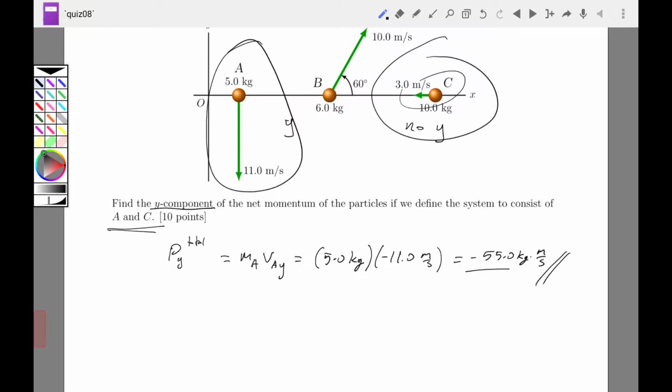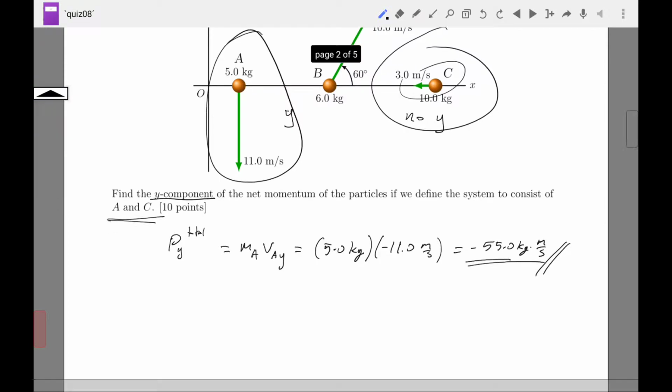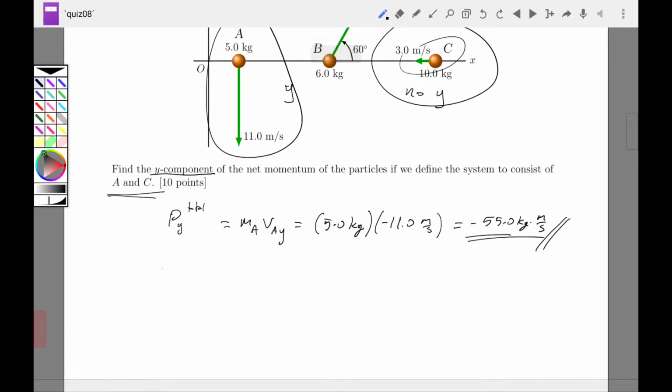And that negative sign is important because P, the momentum, is actually a vector, so I need to know the right direction. Just out of curiosity, what is the total momentum for the system?